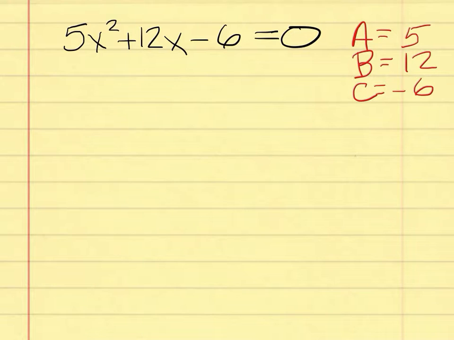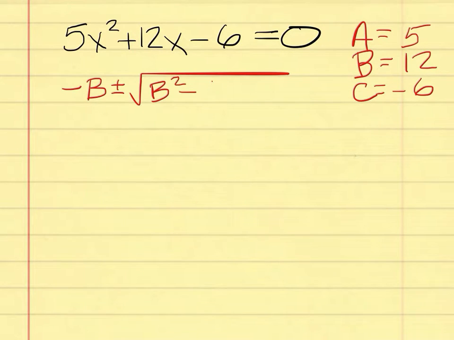What is the quadratic formula, Weeks? Square root? Yes. B squared minus 4ac. Over what? 2a, that's right. That is the quadratic formula.